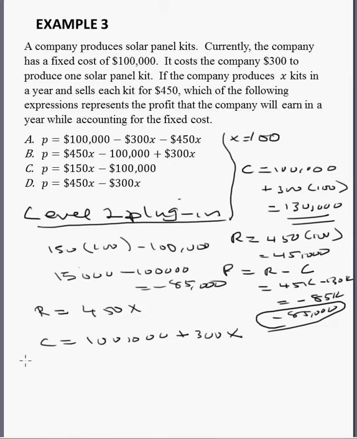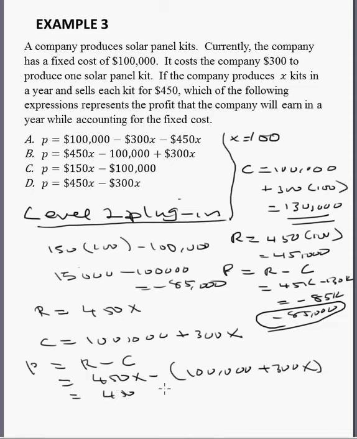So your profit P is equal to revenue minus cost, which is equal to 450x minus the quantity 100,000 plus 300x, which is equal to 450x minus 100,000, minus, always watch it, this sign is going to affect this, so minus 300x.